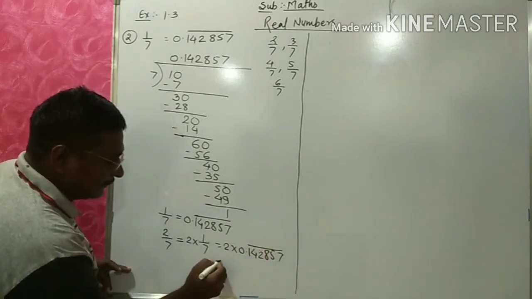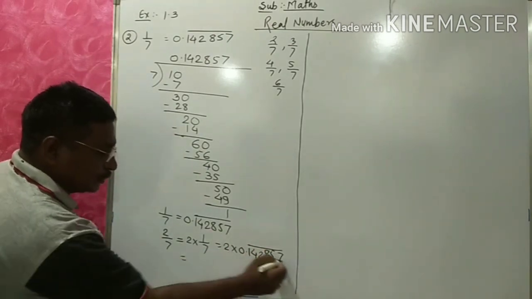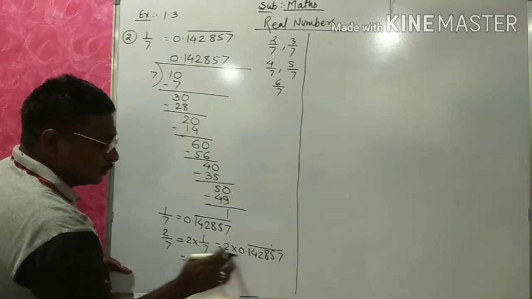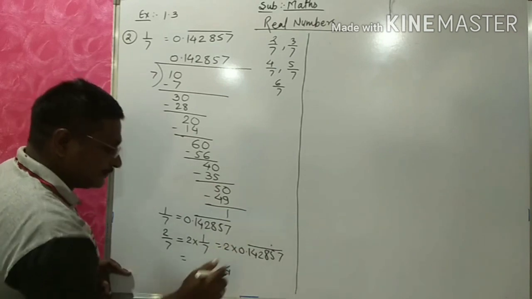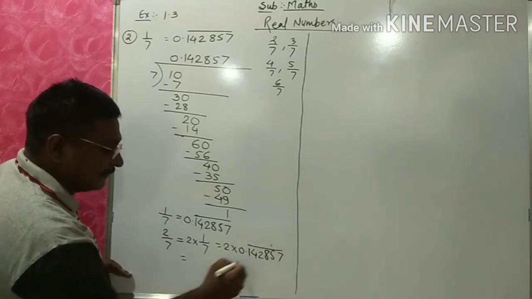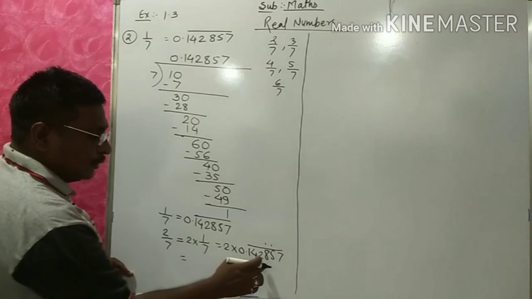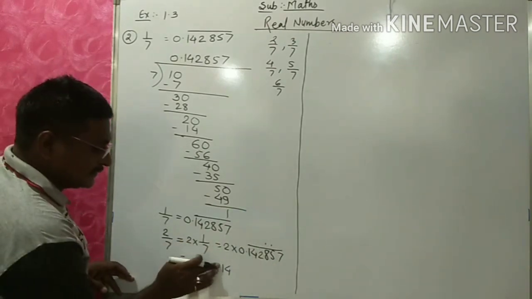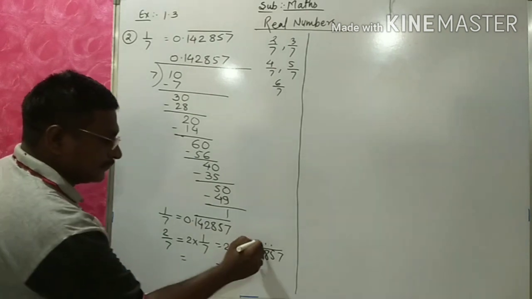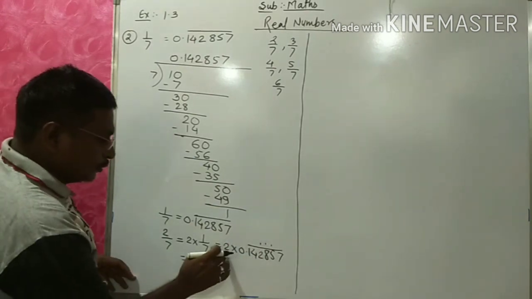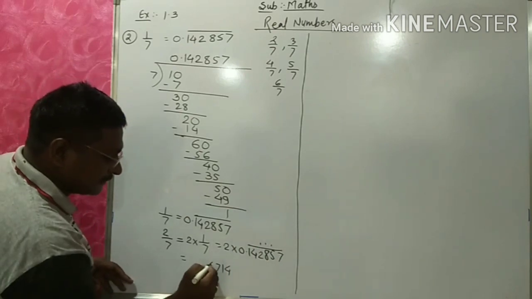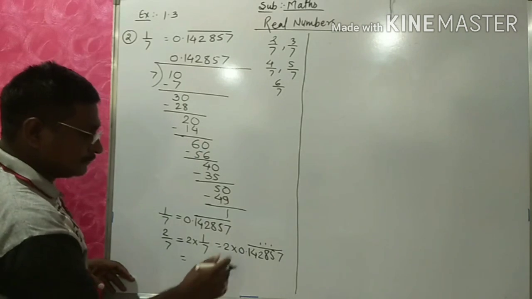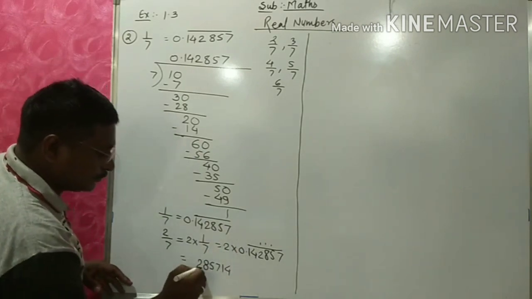Multiplying: 2 sevens are 14, 1; 2 fives are 10 plus 1, 11; 2 eights are 16 plus 1, 17; 1; 2 twos are 4 plus 1, 5; 2 fours are 8; 2 ones are 2.